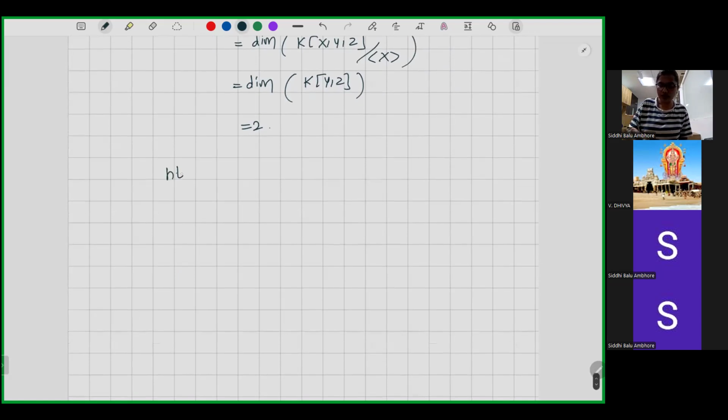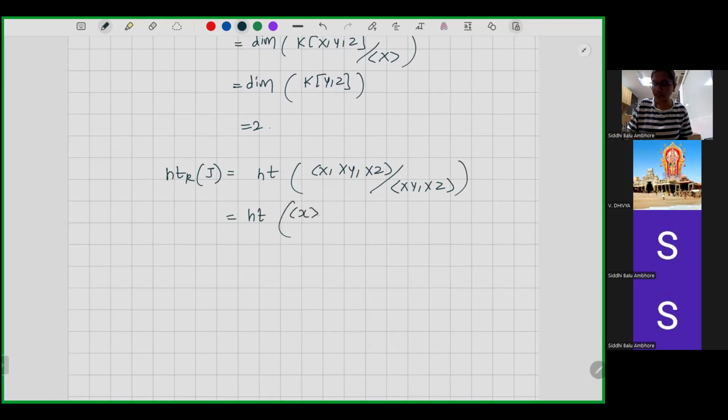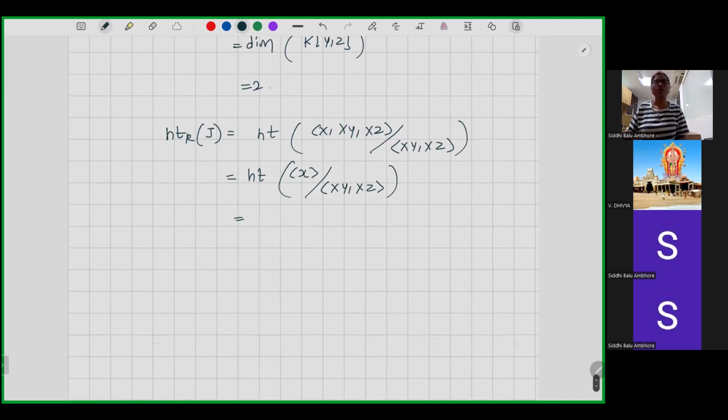So I want to check the height of J in R. The height of J is the height of (X, XY, XZ) quotiented by (XY, XZ), right? And that is the height of the ideal generated by X in (XY, XZ), which is 0, right?